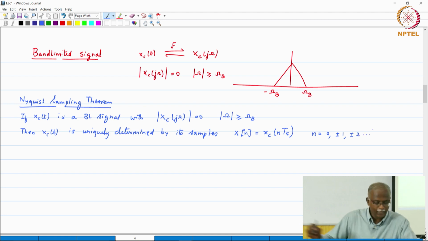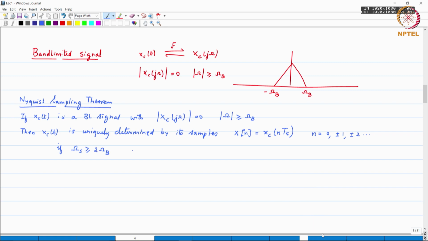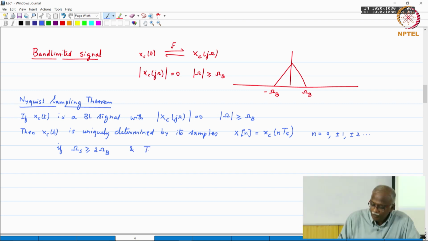Basically you take all the available samples under the condition that omega s is greater than or equal to 2 times omega b, where omega s is the sampling frequency, and that gives us a sampling period Ts equal to 2 pi by omega s.